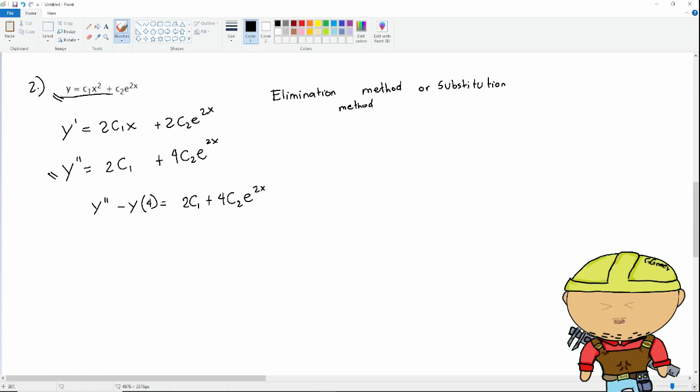But y prime, take note, has c1 x squared, so they don't have the same x squared.